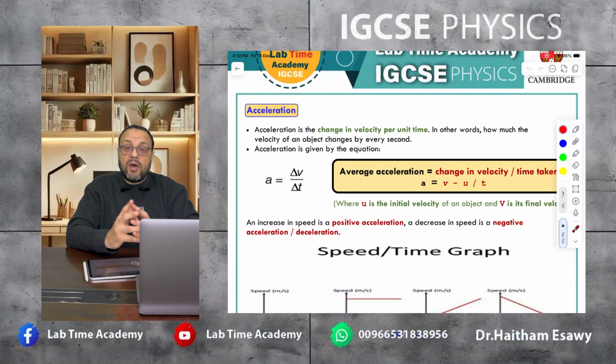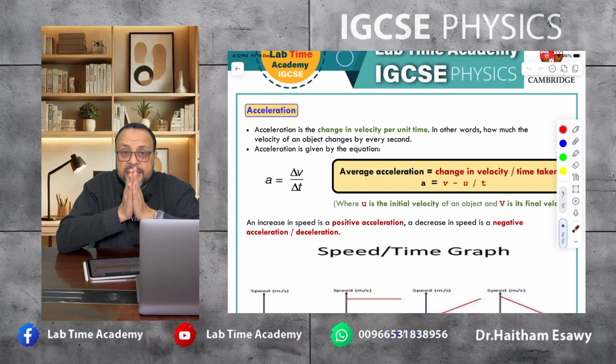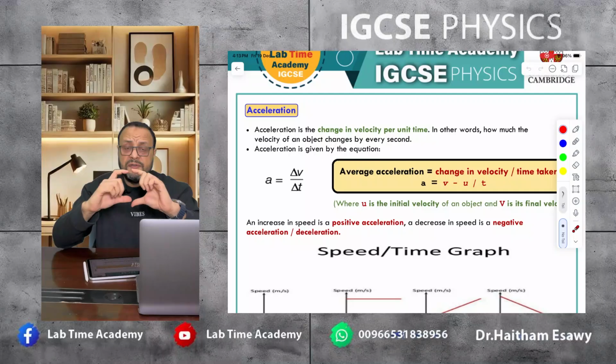After that, what about the acceleration? Let me give you an example to explain the definition and the meaning of acceleration. If you ride your car and you want to move to any city, you have a speedometer in front of you. This speedometer measures the speed in kilometers per hour.